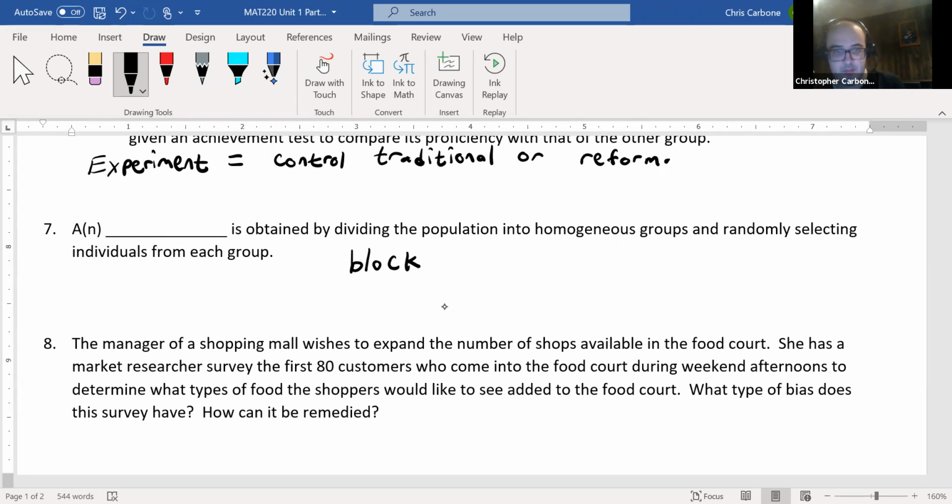Due to the randomized block experimental design, the block would be obtained by dividing the population into the homogeneous groups and then sampling within each of those blocks.